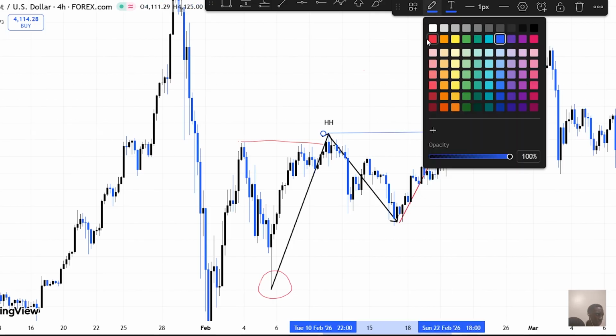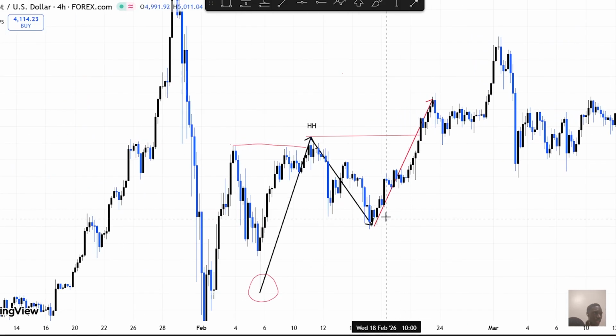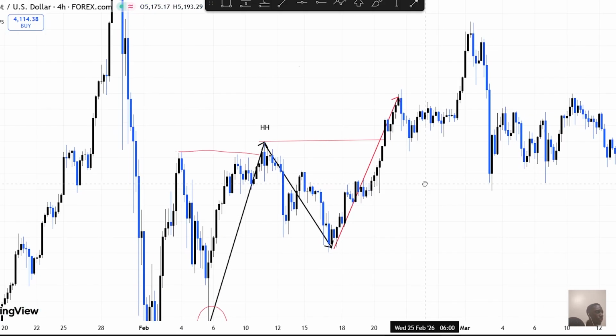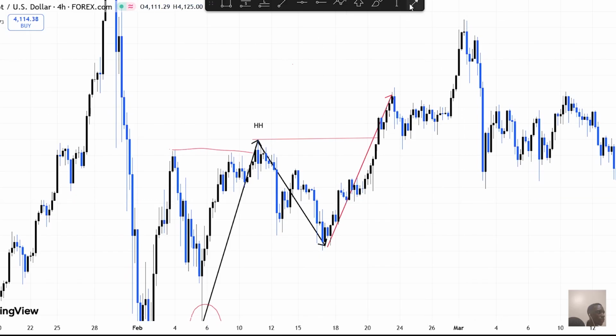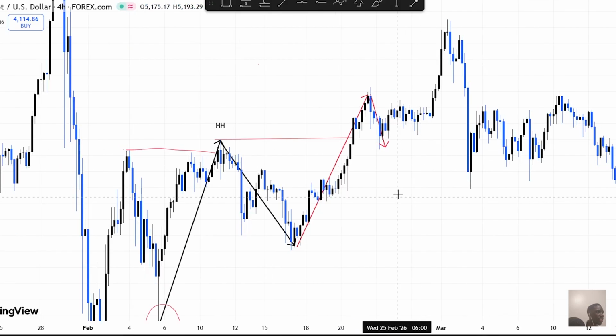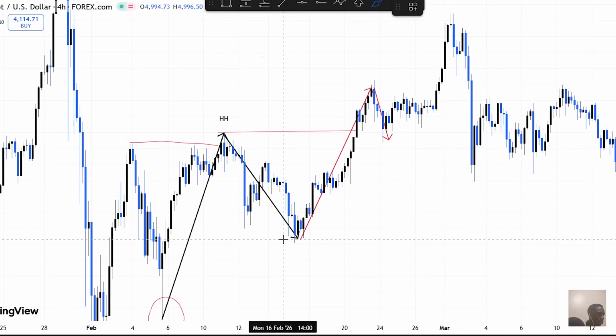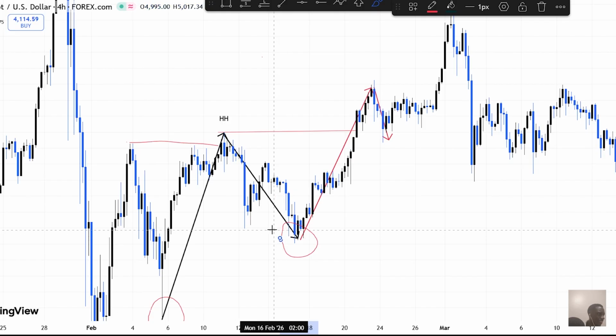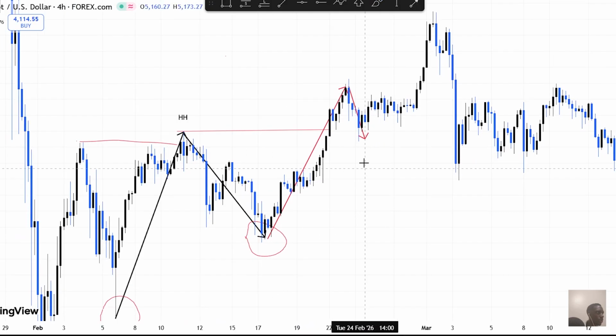So it pushes, breaks, and gives us an impulsive move. Whereas this is a correction move because it doesn't break through this higher low. So it is considered a correction.